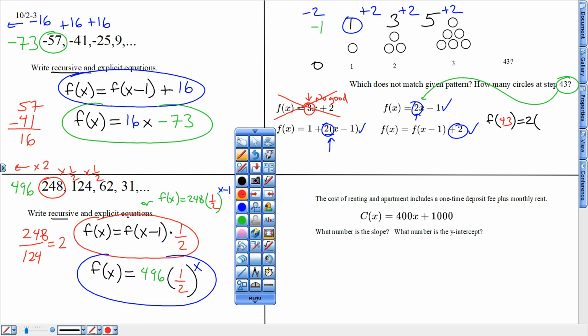I put that 43, close that parenthesis, minus 1. Remember, you're using minus 1 right there. And that gives me the function at 43, or how many circles at 43 come from 2 times 43, and that gives me 86, but then I gotta remember to subtract that 1. So how many circles after 43 steps? I'm gonna have 85. 85 circles.